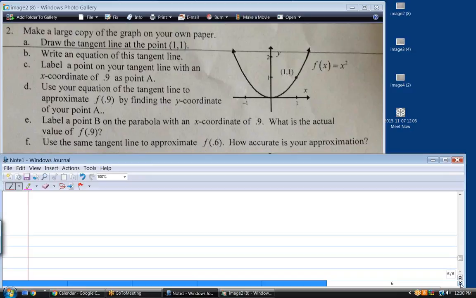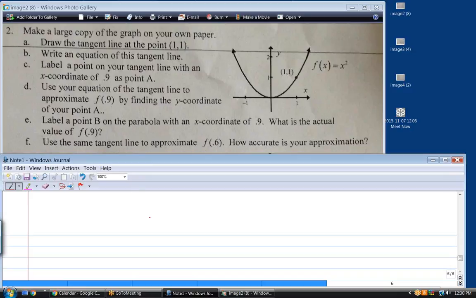All right. This is similar to the last problem. They give us the function. They give us a point. They want us to write an equation of that tangent line. You know how to do that? Shall we go through it?